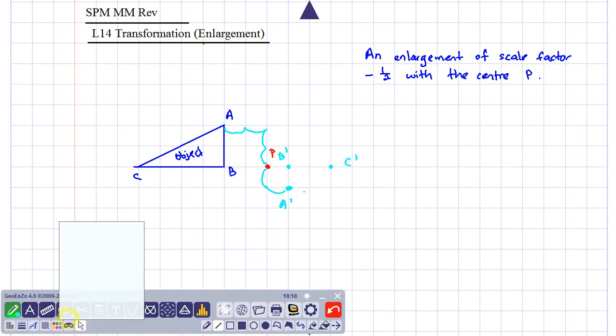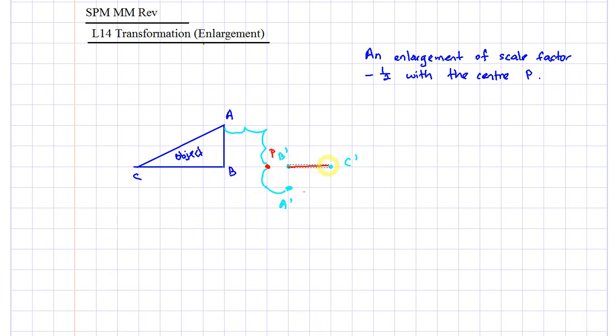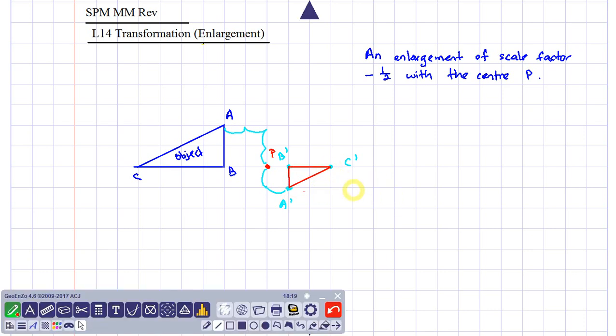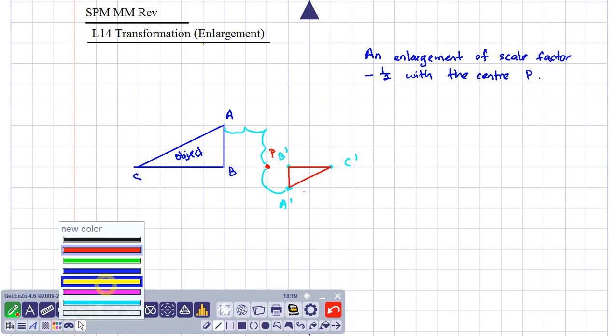You can just connect all the points together. If you want to double check your answer, you can do it this way.